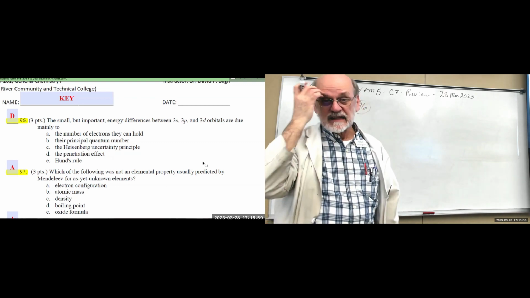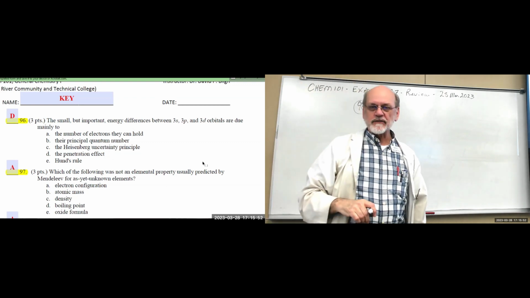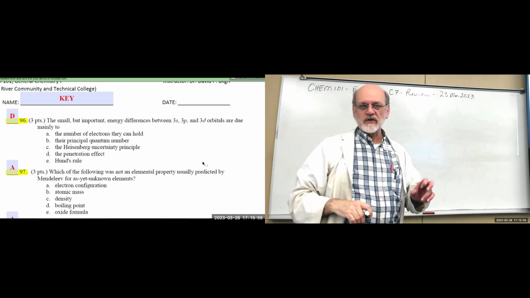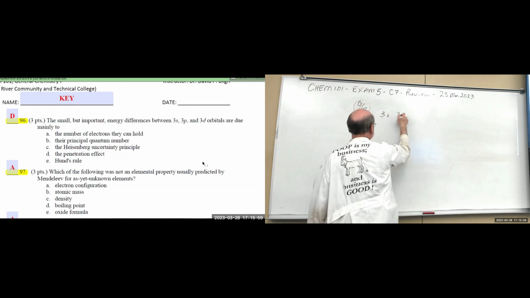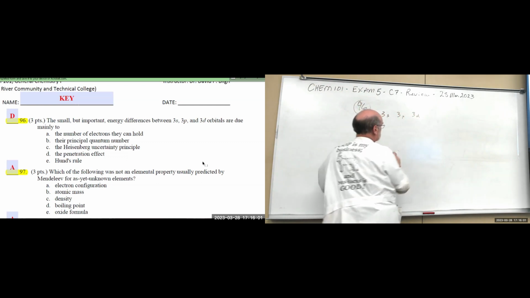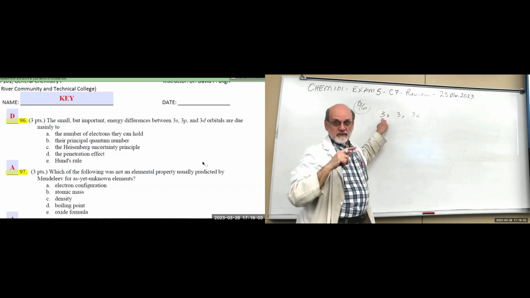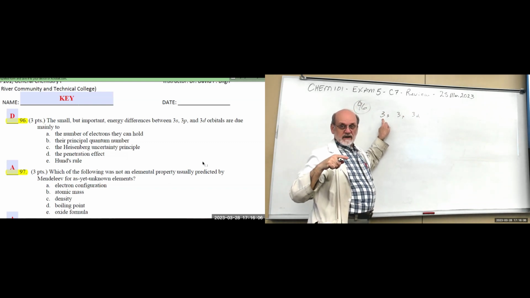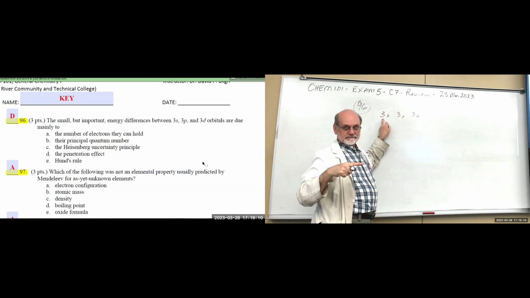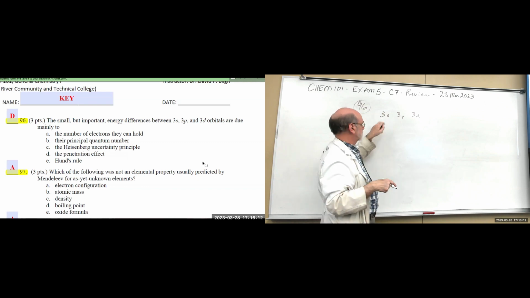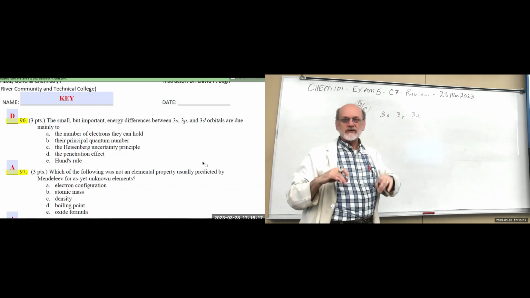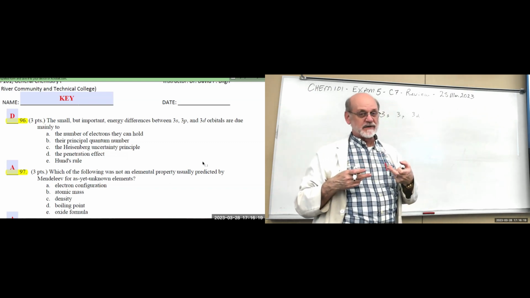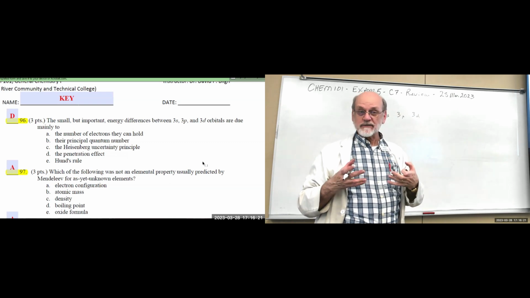96. The small but important energy difference between 3s, 3p, and 3d orbitals are due mainly to... 3s, 3p, and 3d, right? Because remember, the principal quantum number is reference to energy. So the energy of these should be very close to each other, but they're not exactly the same. So why are they different?